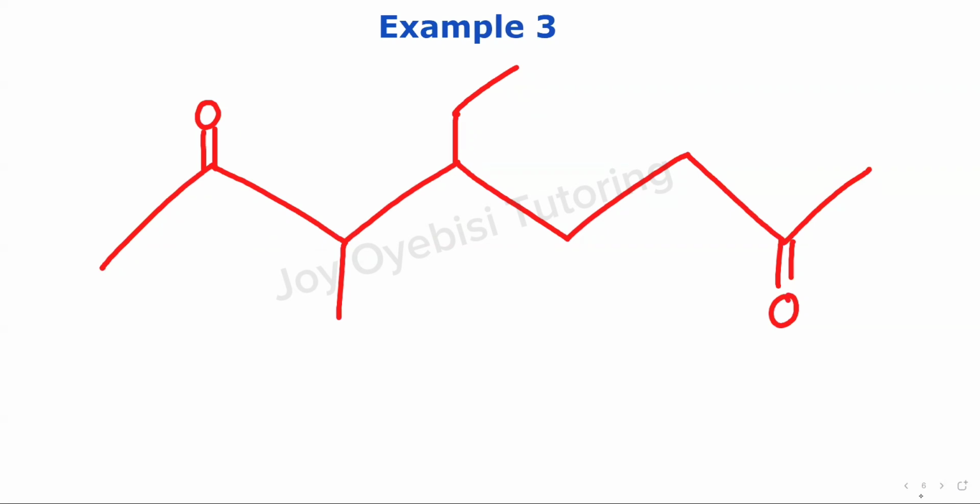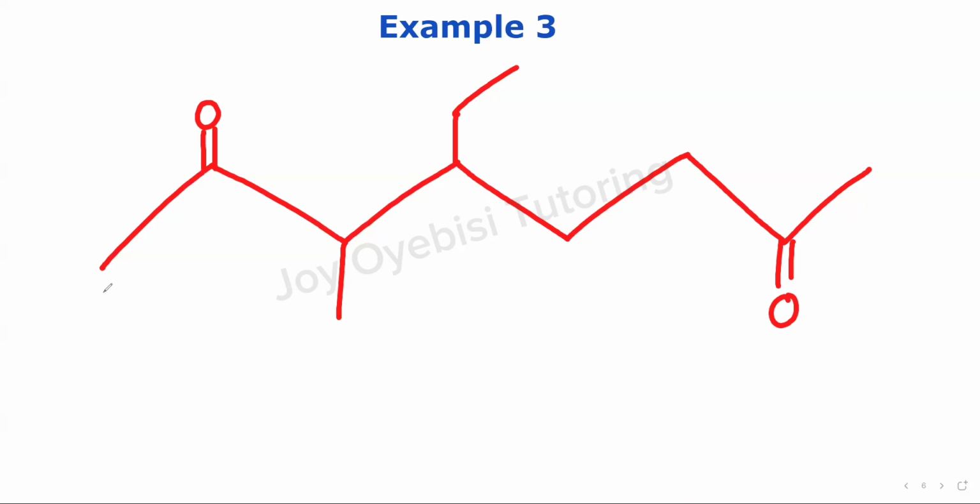The last example is when you have 2 ketone functional groups attached. In this case, we're going to, as usual, identify the longest continuous carbon chain. So remember, you always count to give the lowest number to the ketone functional group. But in this case, I have the functional groups both on carbon 2. If I'm counting from the left, it is on carbon 2. If I'm counting from the right, it is carbon 2.